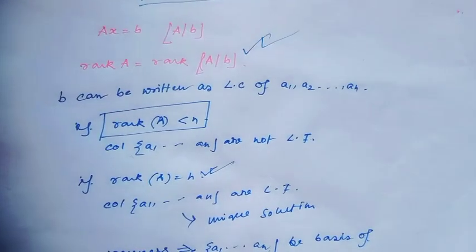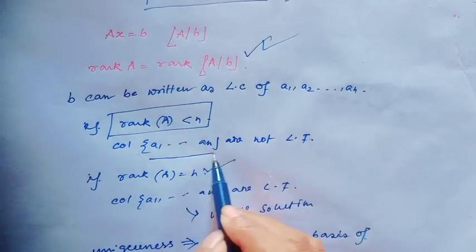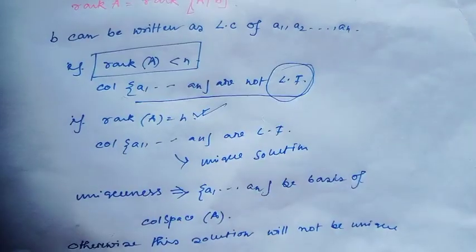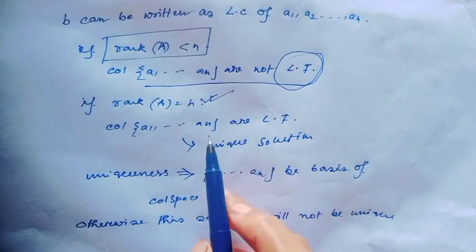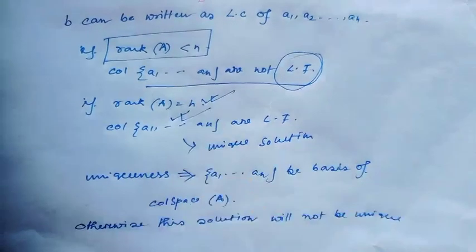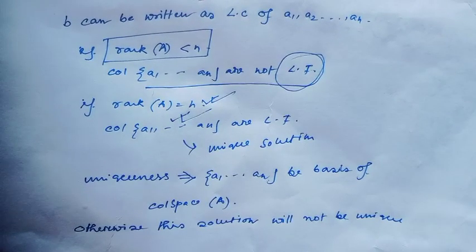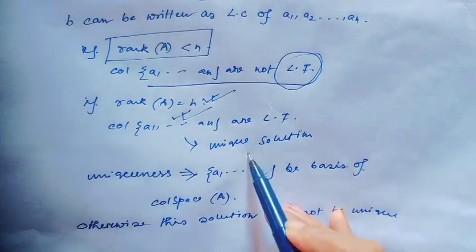If rank of A is less than the number of unknowns, then the columns are not linearly independent. But if rank of A equals the number of unknowns, then obviously these columns are linearly independent, and if linearly independent, then obviously this solution would be the unique solution.